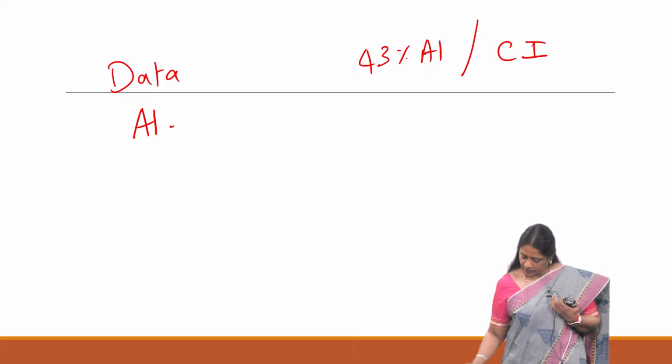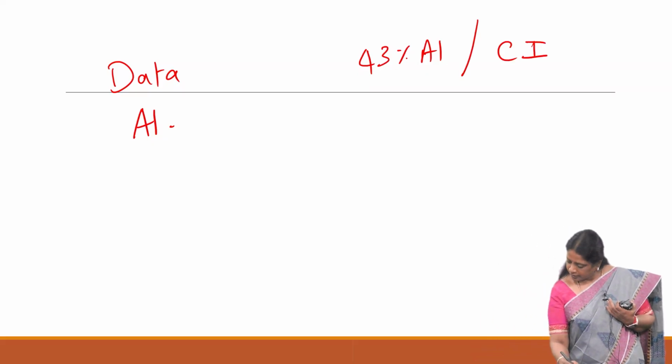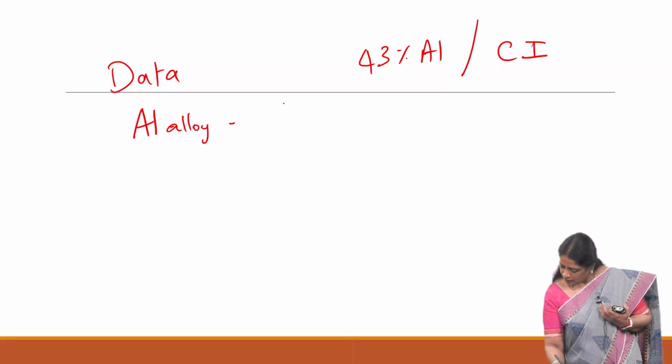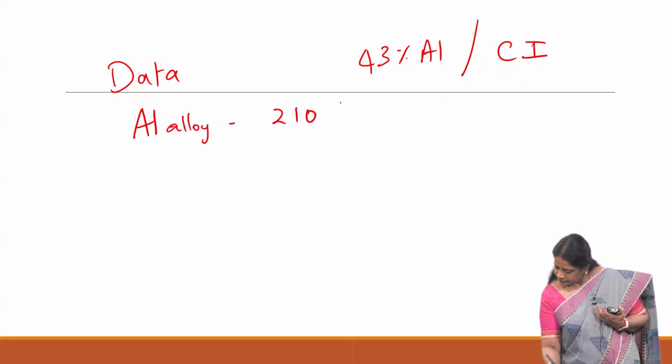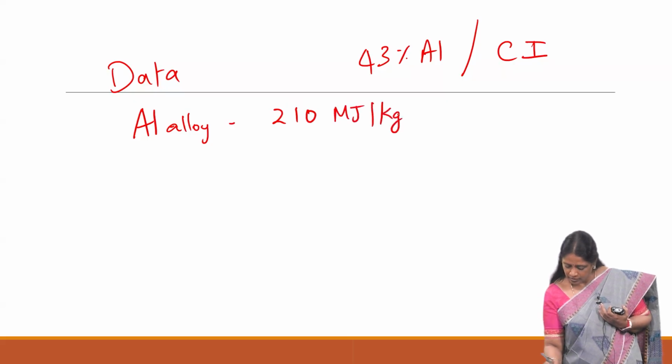I'm giving you the embodied energy of aluminum alloy, 210 megajoules per kg.